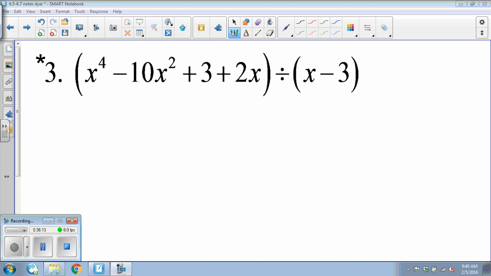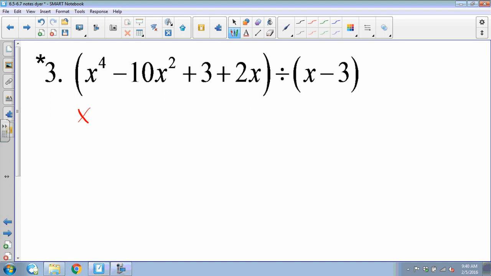Okay, so the solution that I'm checking is x equals 3. Now, I have 1x to the 4th. I don't have an x to the 3rd, so that's 0x to the 3rd.